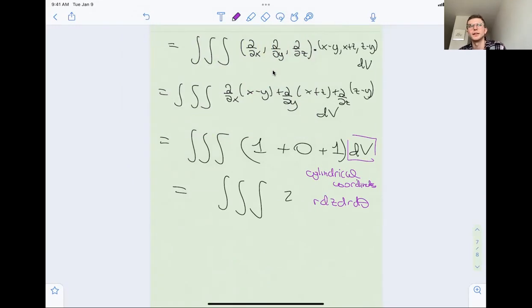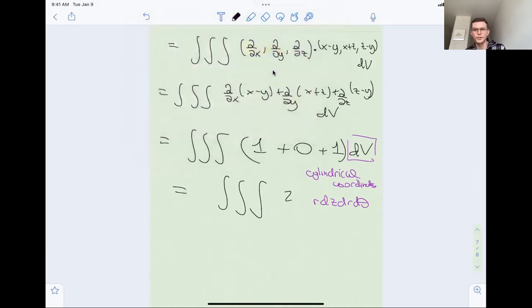But most of the time cylindrical tends to be a bit easier than spherical. Since you were not told which one to do, you could have chosen a different option, but it does become more cumbersome.